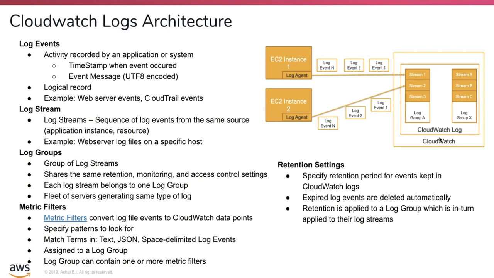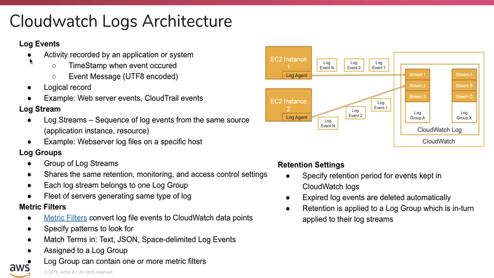So this is basically an architecture of how CloudWatch Logs looks. You have CloudWatch, within that you have CloudWatch Logs, and within CloudWatch Logs you have something called log groups, and each log group consists of streams, and each stream consists of log events.